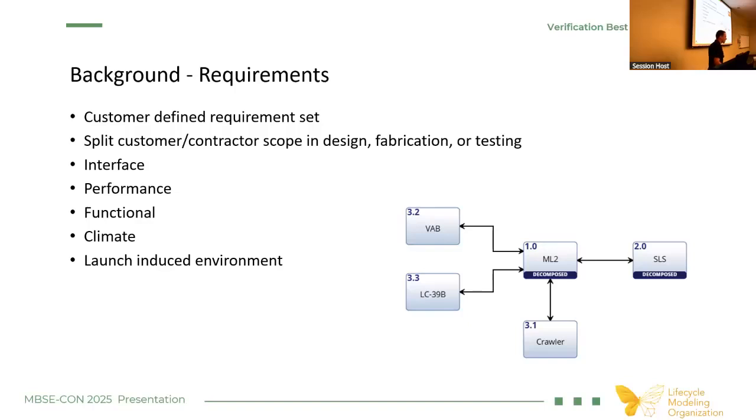Embedded in those, you're going to have your normal set of performance requirements. Now, what makes them a little bit unique here is there's not a lot of what I call active components on the mobile launcher itself. So unlike a power plant where you have a steam turbine that's trying to do some sort of direct function, the mobile launcher itself is, think of it as like a big extension cord or pipe extension where you're trying to get fuel from one area to another.